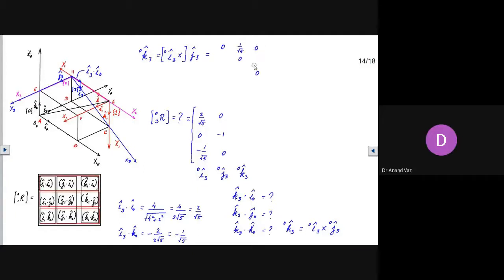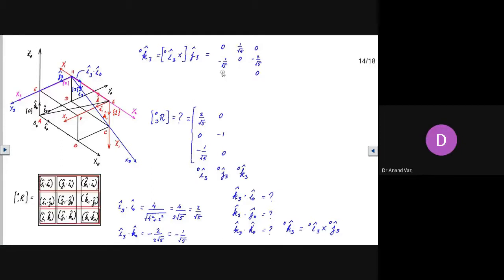And here you have the minus X component. Minus X component is minus 2 by root 5. Okay. So you can automatically fill these up by making them skew symmetric. This will become minus 1 by root 5.